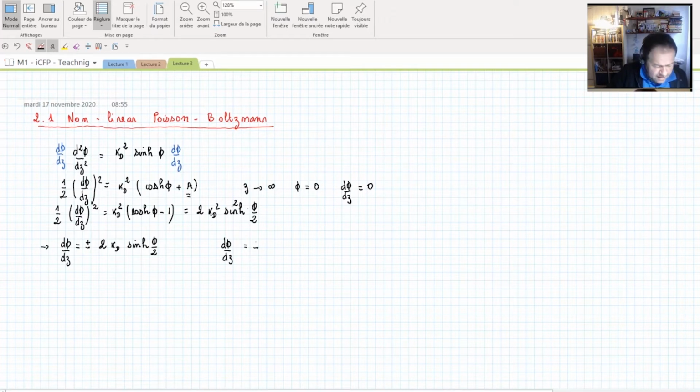And we can calculate also that the sinus hyperbolic at the surface verifies the equation with lambda d over lambda g, just by using the equation before.